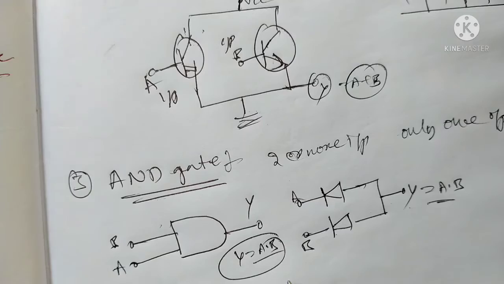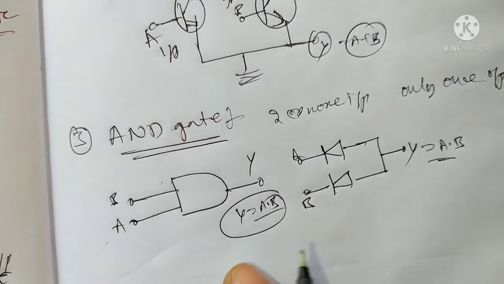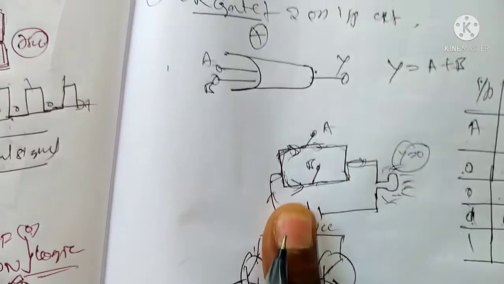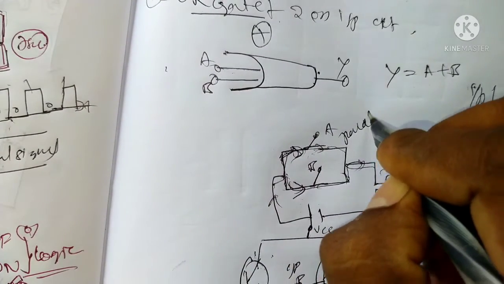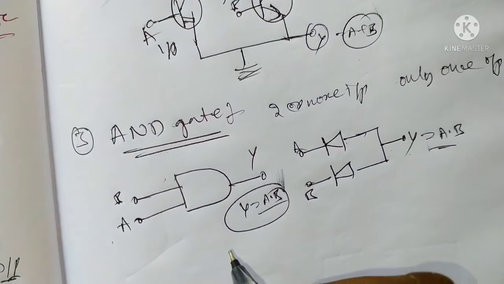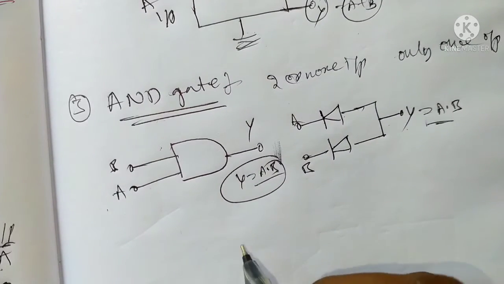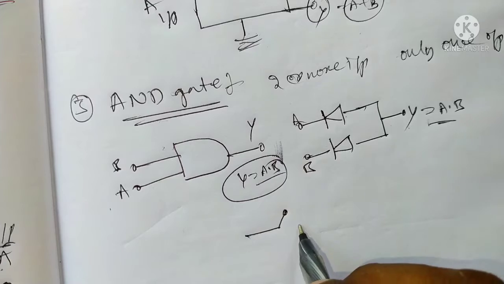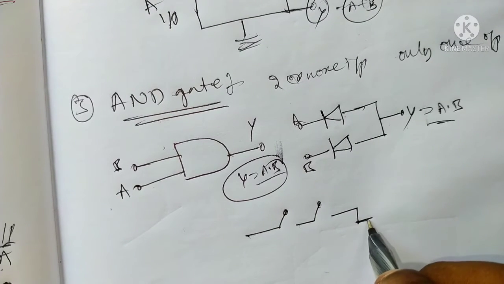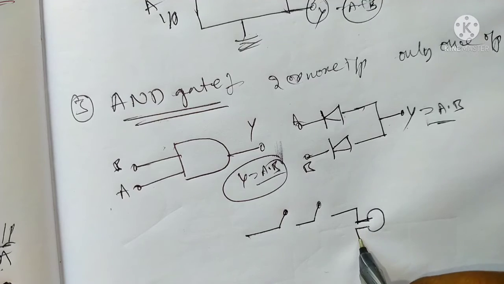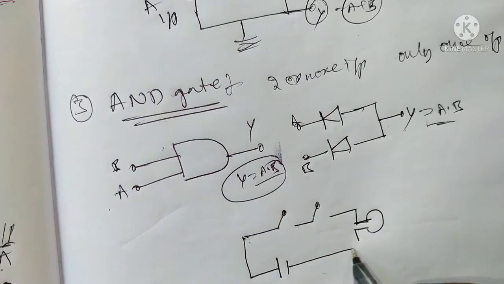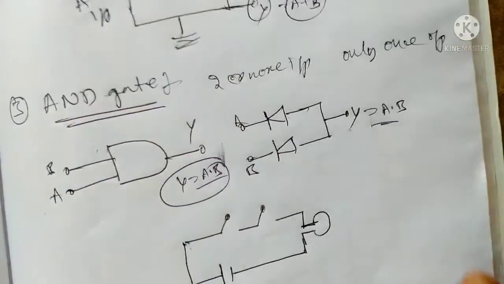This can be explained with a circuit like this. The OR gate is a parallel connection. The AND gate has its two terminals connected in series, connected to the battery, positive and negative.